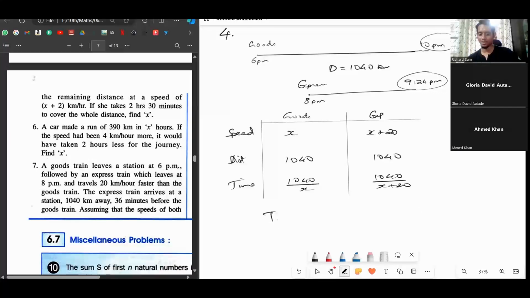Time taken by the goods minus time taken by the express is equal to the difference in time. Now, is 36 minutes the difference in time taken by both? Remember, the goods train and the express train did not start together. What is the difference in time taken between the goods train and the express train?